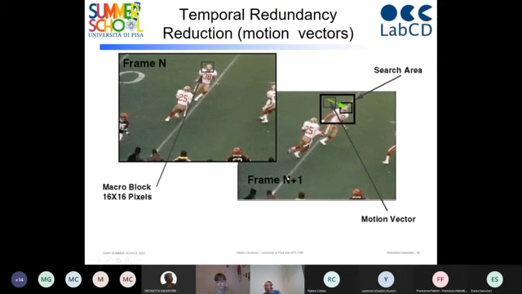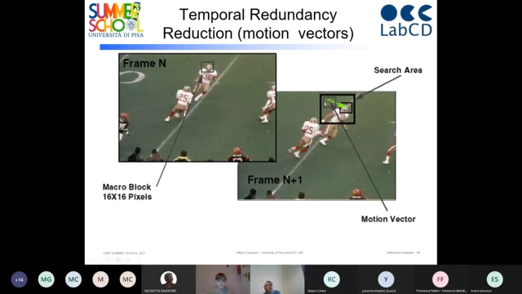Therefore, in the compressed frame, you are not going to put all the information about this head, but you only put the information about the movement of this head from this position to this position. And for example, all the green remains the same, so you do not need to put any information in this frame. So this is the way in which you compress frames, taking advantage of what is called the temporal redundancy.